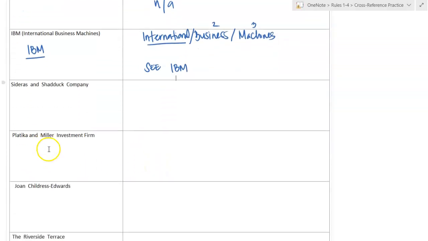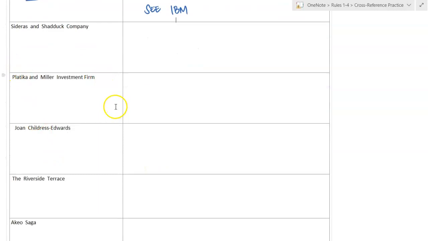For this next one, we have Sedaris and Shattuck Company. So there are two names in here. So that tells me that I will need to create a cross-reference for this. So if my original is Sedaris and Shattuck Company, my cross-reference is going to be Shattuck and Sedaris Company.